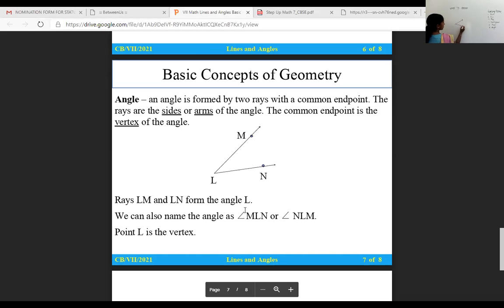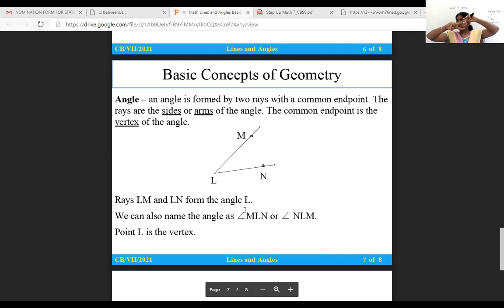So this here is what we form. This is an angle formed. In real life we see angles everywhere. We see angles in a window, at the corner of the board, or whichever object has a corner has an angle. If I take my fingers, here you have an angle.